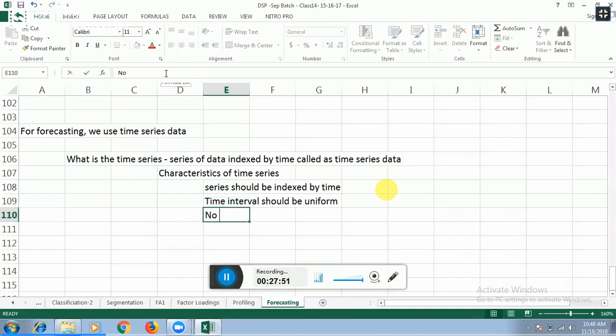And we should not have missings. What does this mean, guys?